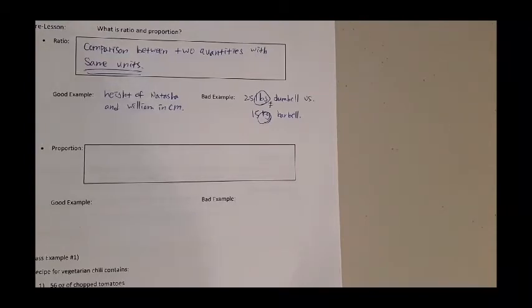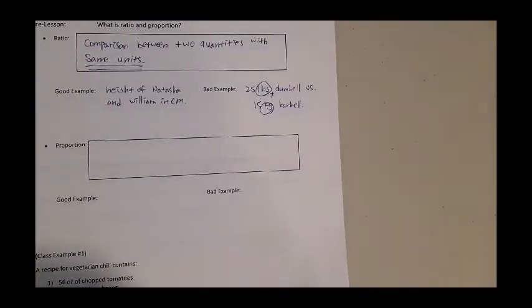That means we cannot directly use ratio. We can convert the units and then compare those mathematically. So the same unit is kind of like a constant. In a science experiment, you don't change those.